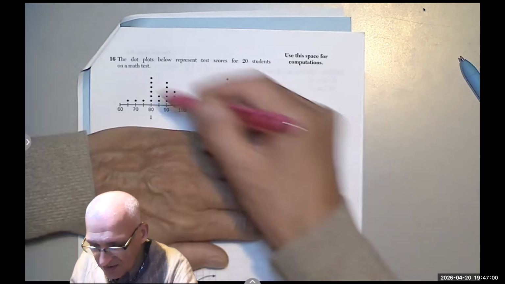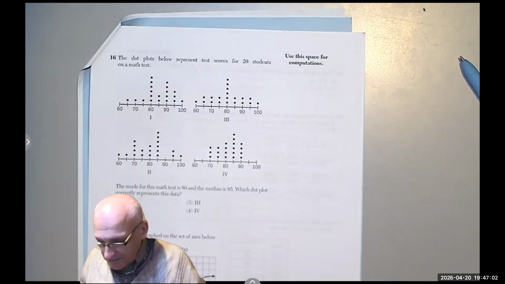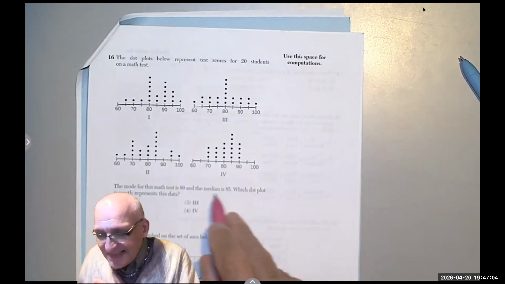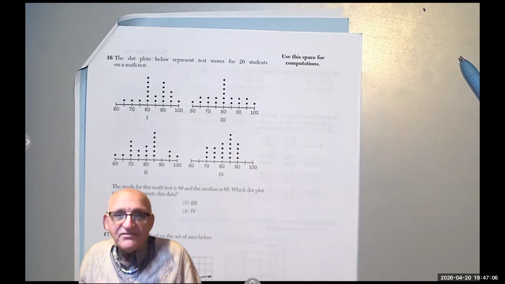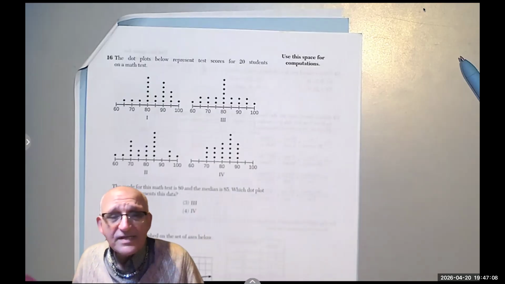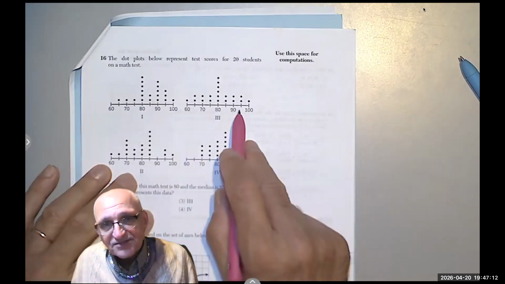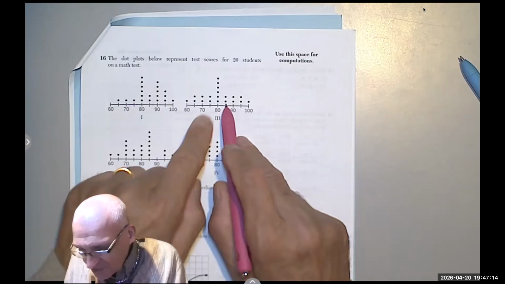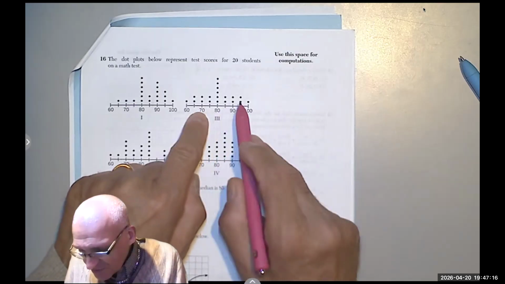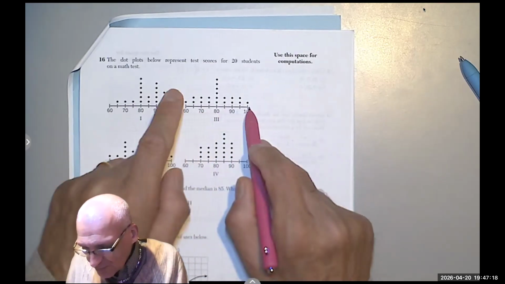So it wants one of these two. And the median is 85 without calculation. You see that this thing is symmetric. I have 2 on the right, 2 on the left, 2 on the right, 2 on the left, 2 on the right, 2 on the left, 1 on the right, 1 on the left.